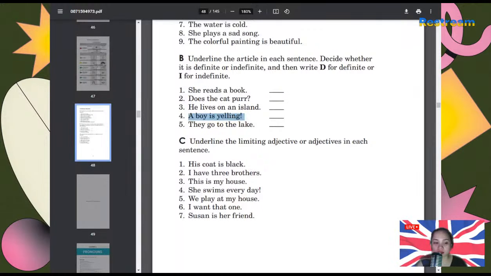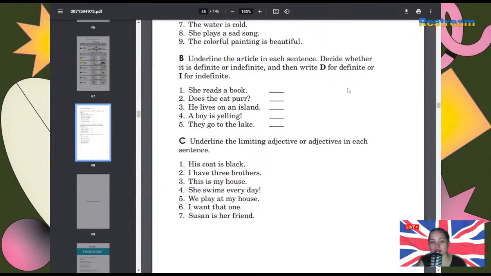Okay, the article here is A. Okay, so A is what? Definite or indefinite? So that is an indefinite article. Sorry.